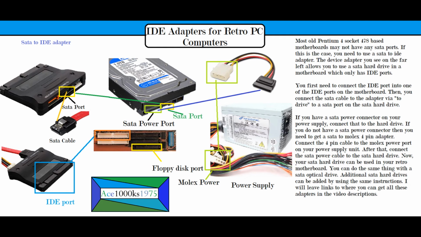If you do not, well, some retro computers made from around 2003 to 2005, especially Pentium 4 478s, might have SATA power connectors in the power supply. So if that's the case, you can simply connect the SATA power connector from your power supply to your hard drive. If you don't, then you'll have to buy the Molex to SATA power adapter connector.